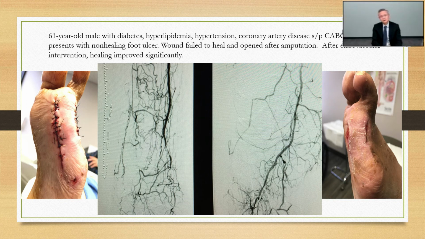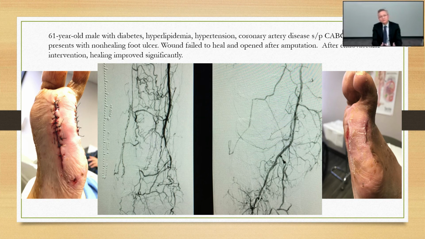You can see the third, fourth, and fifth toes were amputated. Part of the foot was amputated, and he had a wound that had to be cleaned and the skin stitched back together. But his wound burst open because he had insufficient blood supply. The tissue cannot heal, and then the swelling happened, and the suture broke, and the wound opened again.